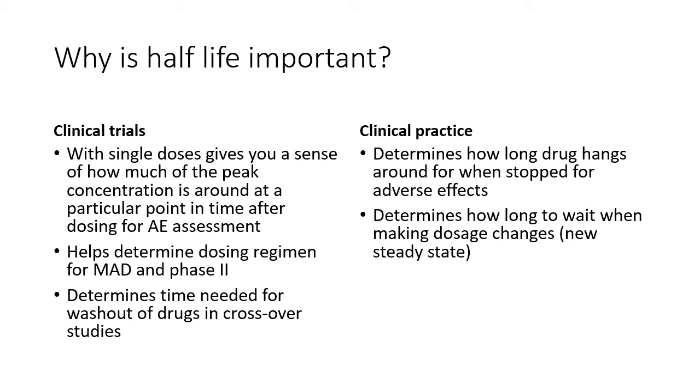We'll talk about this concept shortly. It also helps determine the dosing regimen of medication. If a drug has a short half-life, then it has to be given more often. Otherwise, the drug concentration tends to fluctuate quite a lot between dosage administrations.